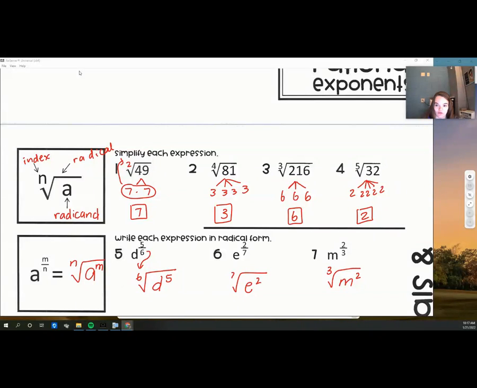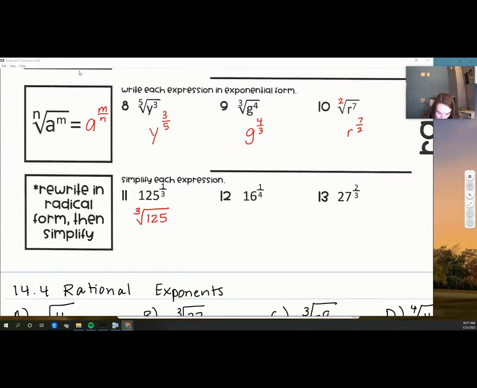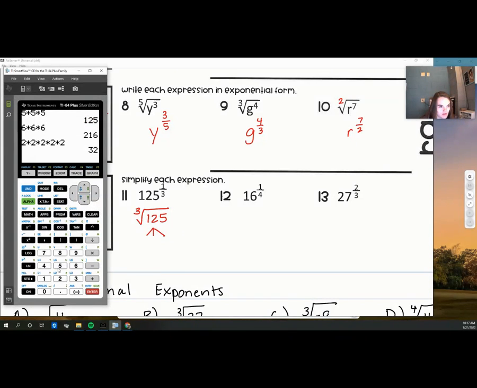What times itself 3 times gives us 125? So we're going to have 3 little arrows going on here. Okay, so I'm going to pull out my calculator. Let's try, oh, we've already got it right here. 5 times 5 times 5 was 125. So it's 5, 5, 5. So the answer is 5.